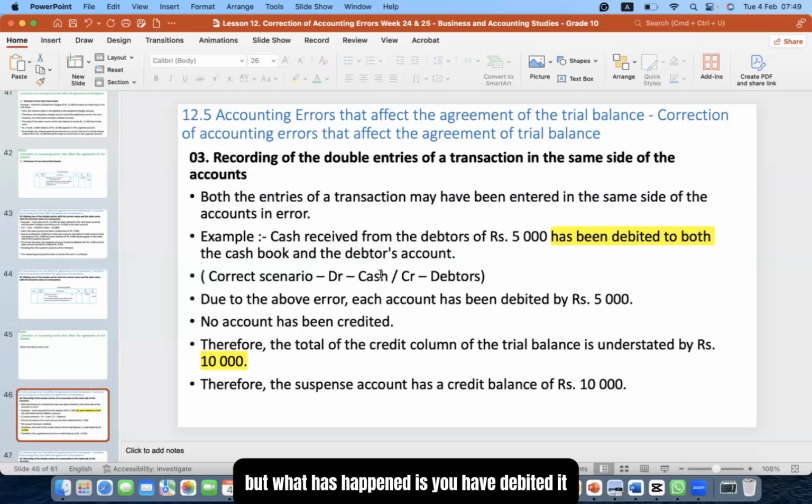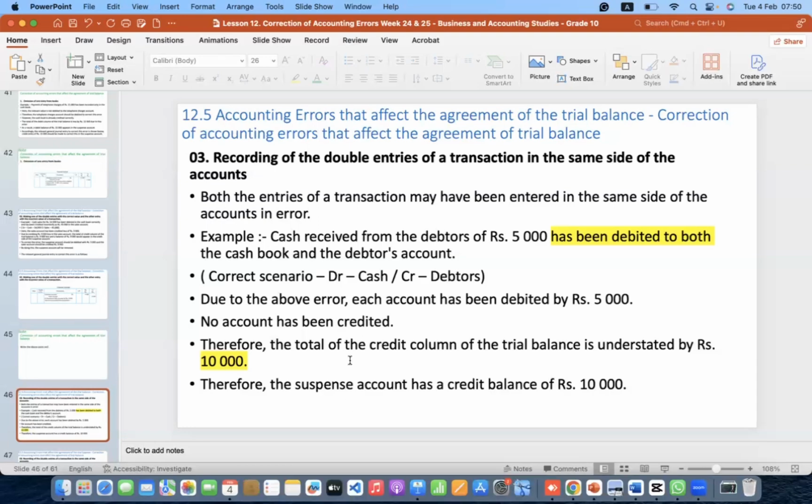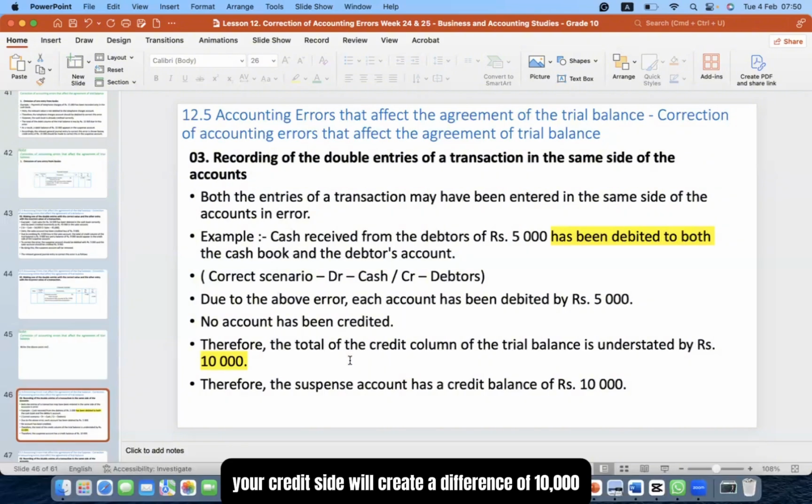But what has happened is you have debited it. Without crediting your debtors account, you have debited it. So due to the above error, each account has been debited by 5,000, and no account has been credited. Now your credit side will create a difference of 10,000.